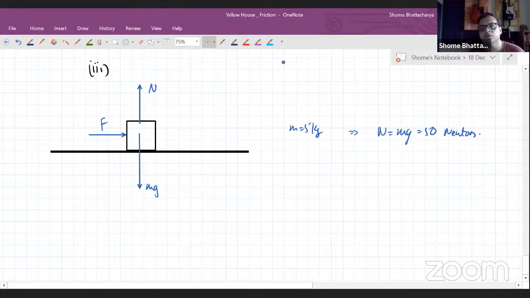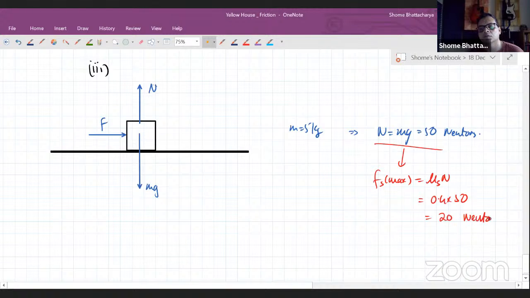So what this fact now tells me is that the maximum static friction available to me is this: 0.4 into 50. So that is 20 newtons. So the maximum static friction available is 20 newtons.